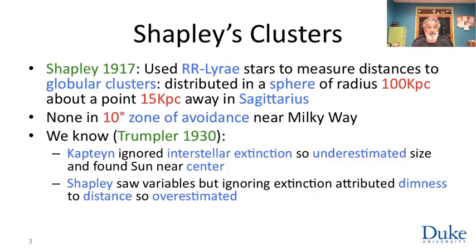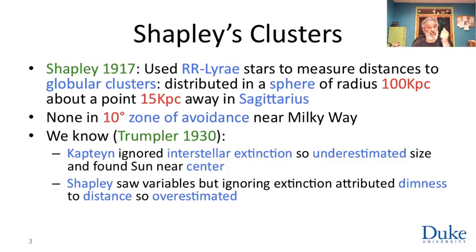Shapley, on the other hand, was using known luminosities of variable stars, and so his distance estimates were influenced by extinction in a different way. The variable stars that he saw were dimmer than they actually were. We saw that when we did our homework, measuring distance using an RR-Lyrae variable.